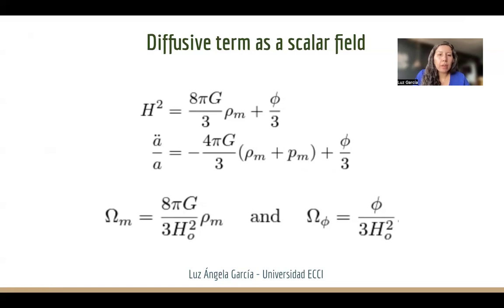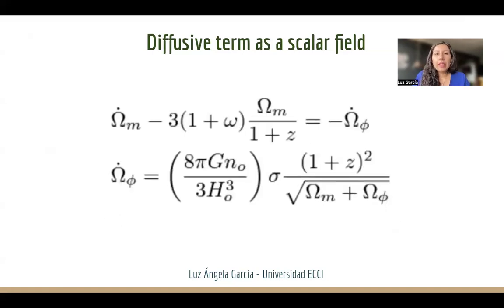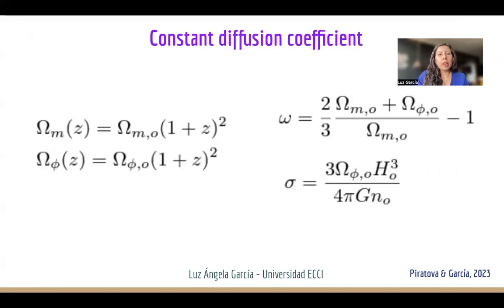The energy fractions for the matter and the scalar field phi are described in the third line. If we include the equations from the conservation of energy, we have these two related equations, and we can see that the derivative of the energy fraction for the matter is related to the term associated with phi.